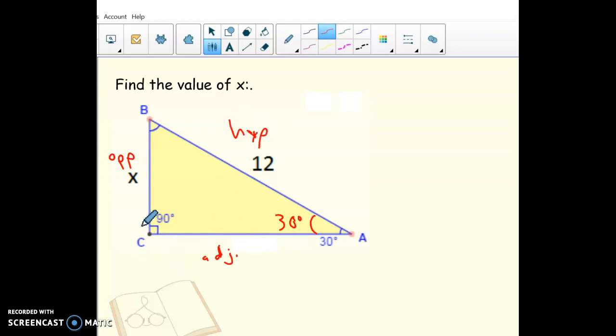The 2 sides that are labeled are x and 12, and that's opposite and hypotenuse. So that would be sine, which is opposite over hypotenuse. For our setup we would say sine of 30 degrees equals x over 12.